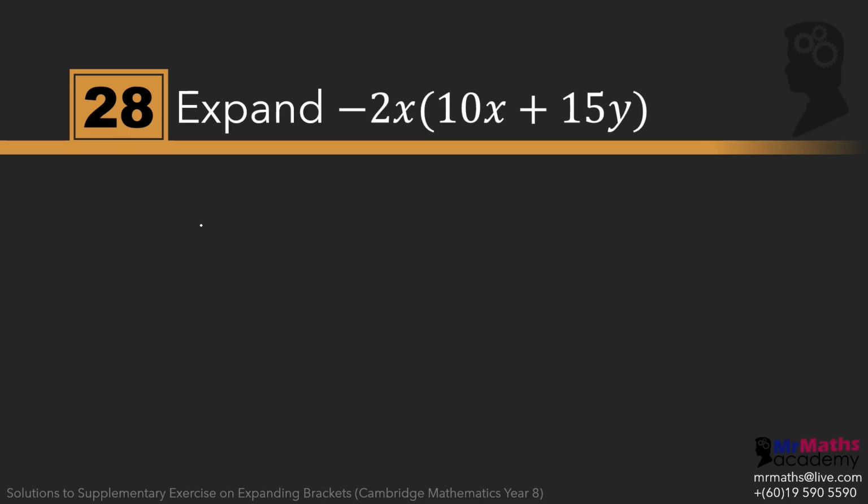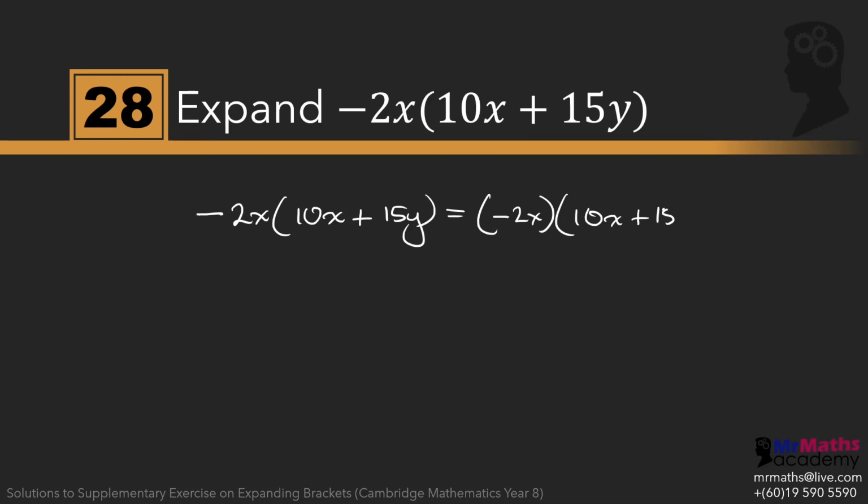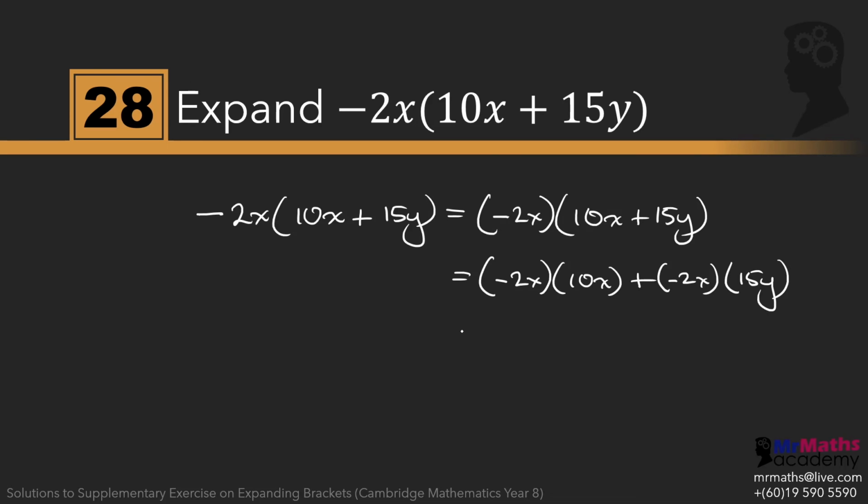Question 28. Minus 2x, 10x plus 15y. I'm going to enclose minus 2x inside the bracket. Just an extra step. I do this so that I minimize mistakes. So minus 2x times 10x plus minus 2x times 15y.